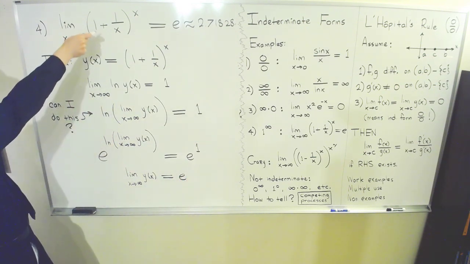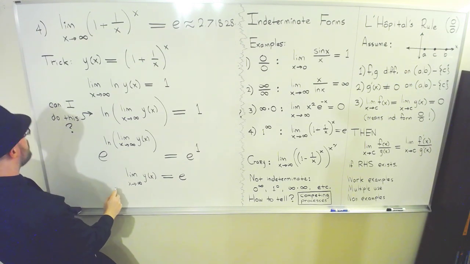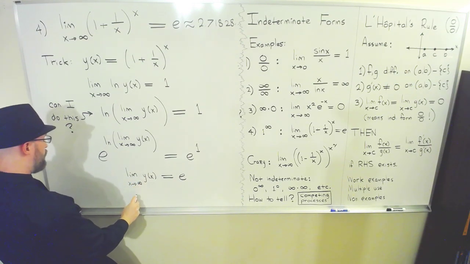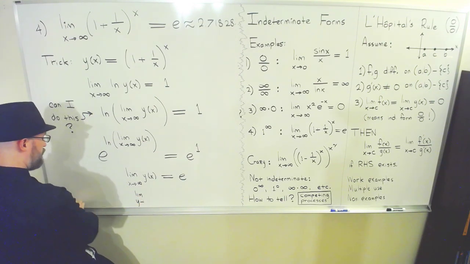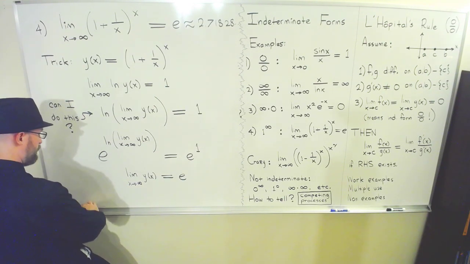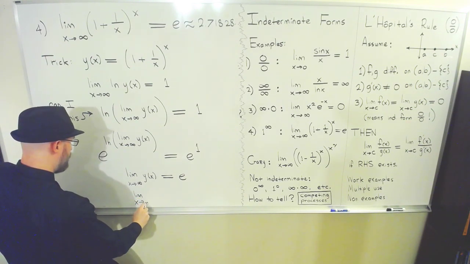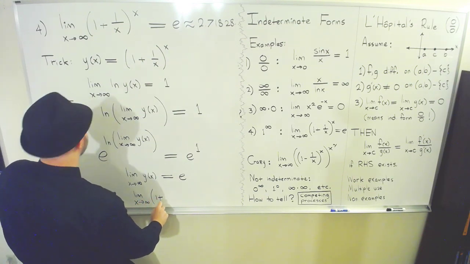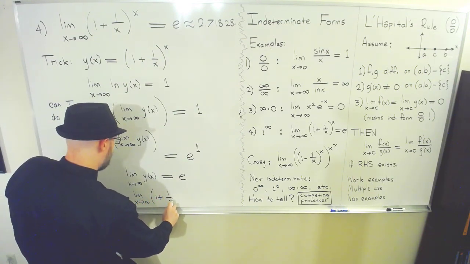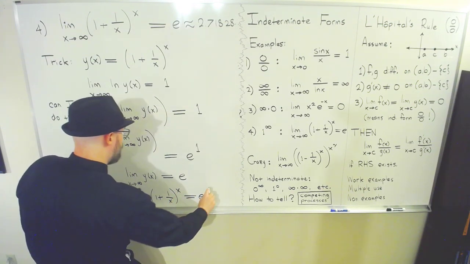But y of x was my expression that I started out with originally. That was what I wanted to show. So when I substitute back in what y is, this would say the limit as x goes to infinity of my special little friendly function here is equal to e, and that would be what I would want.